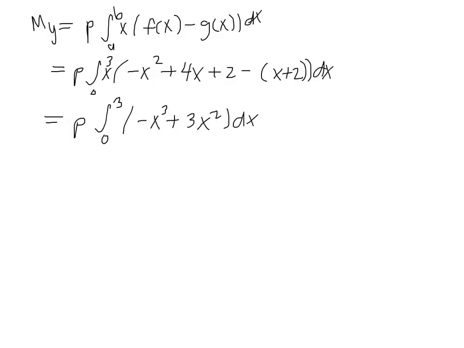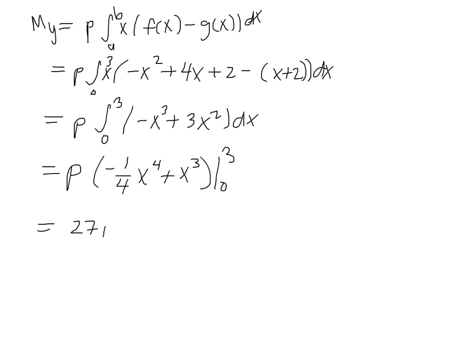Now we anti-differentiate and we end up with rho times negative 1/4 x to the 4th plus x cubed, evaluated from 0 to 3. And that ends up as 27 rho over 4.